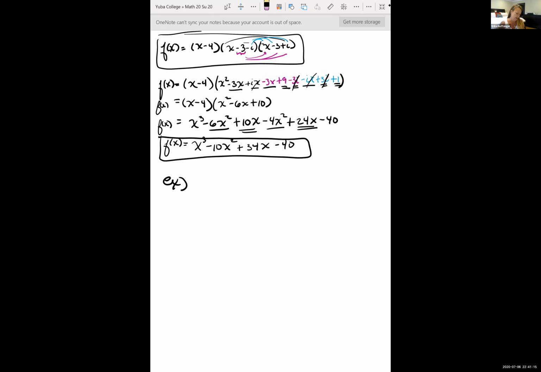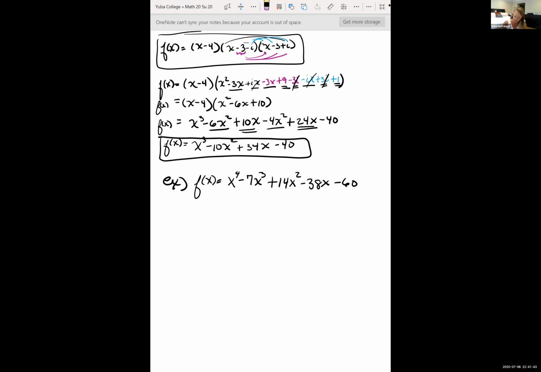So let's say we were given that f of x is equal to x to the 4th power minus 7x cubed plus 14x squared minus 38x minus 60.